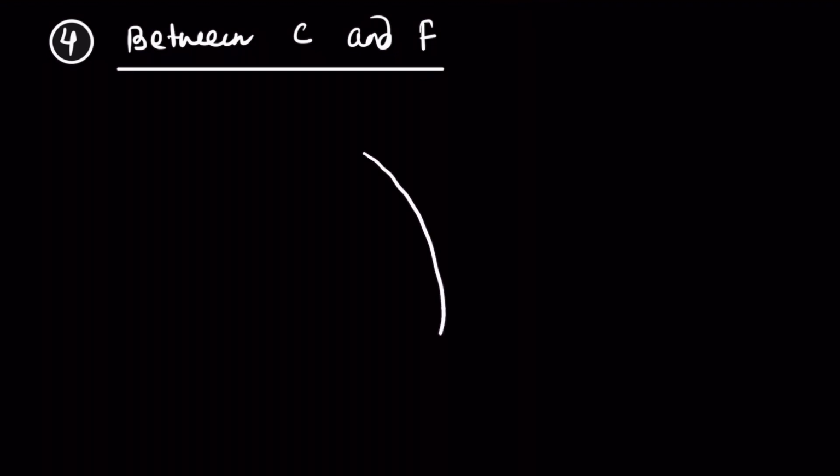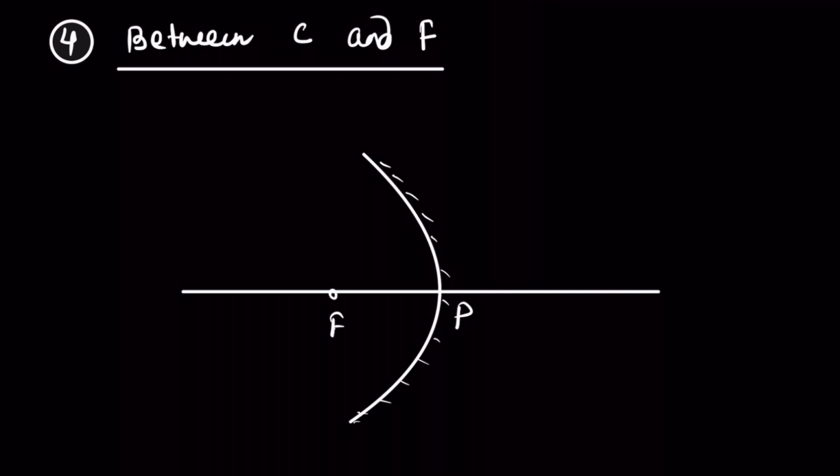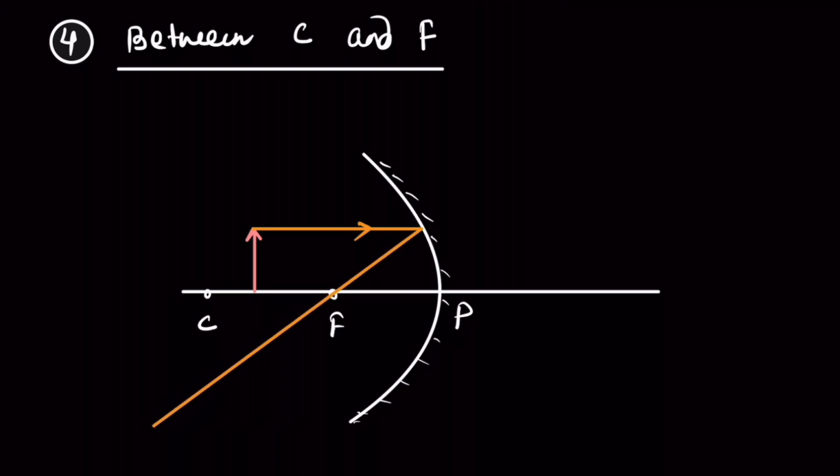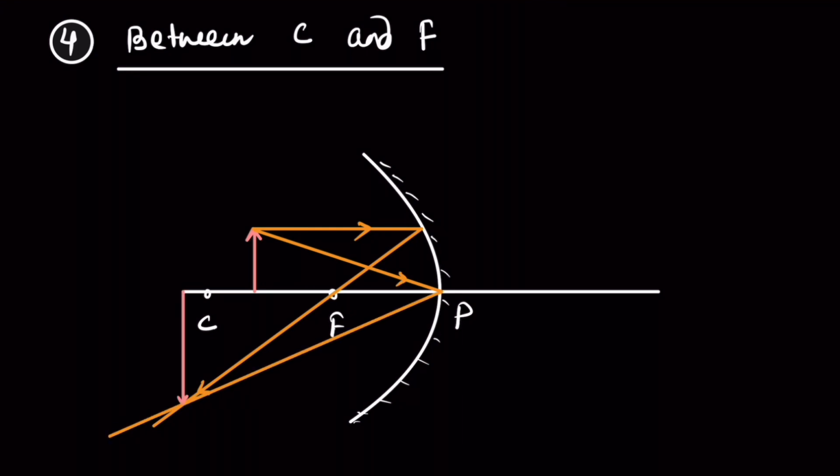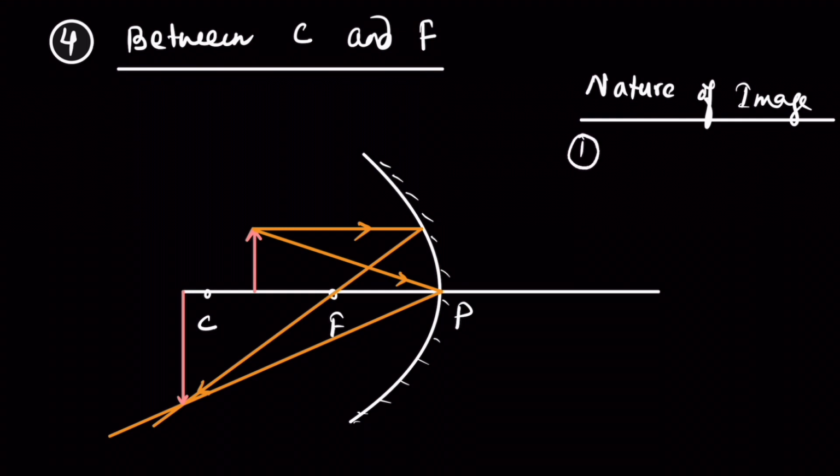Next, when the object is between C and F, means between center of curvature and the principal focus. So here is a concave mirror, pole, focus, center of curvature. This is our object. Similarly, we follow the two rays. One is parallel to the principal axis. It will pass through the focus. And second is, it passes through the pole. The nature of the image in this case is, it is magnified.